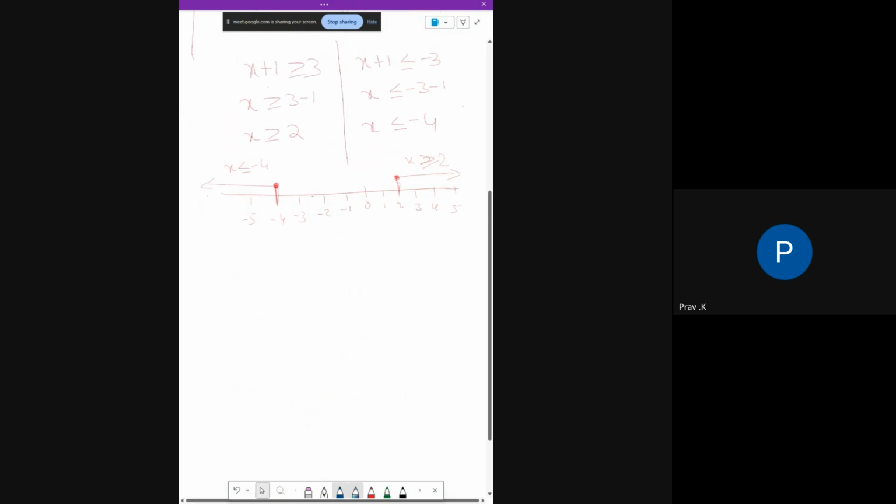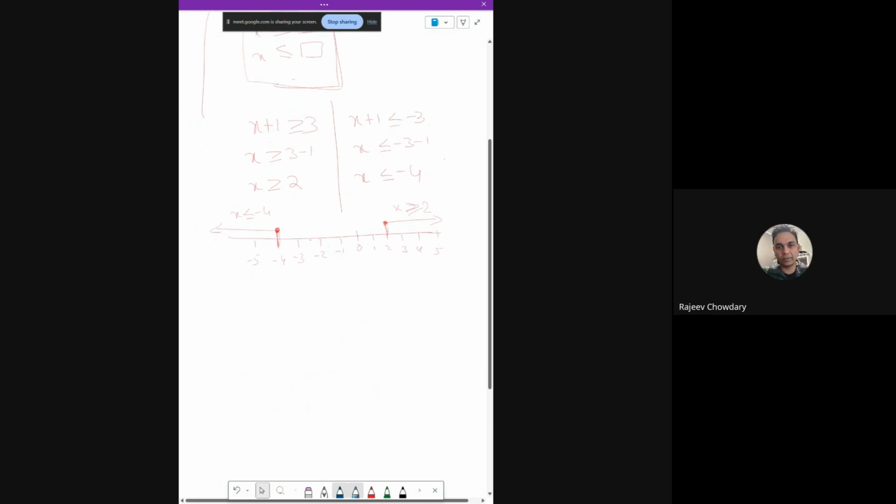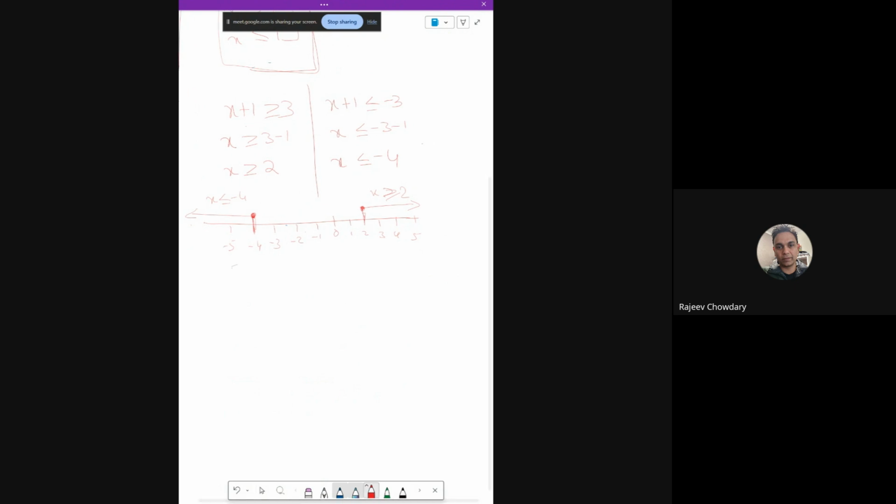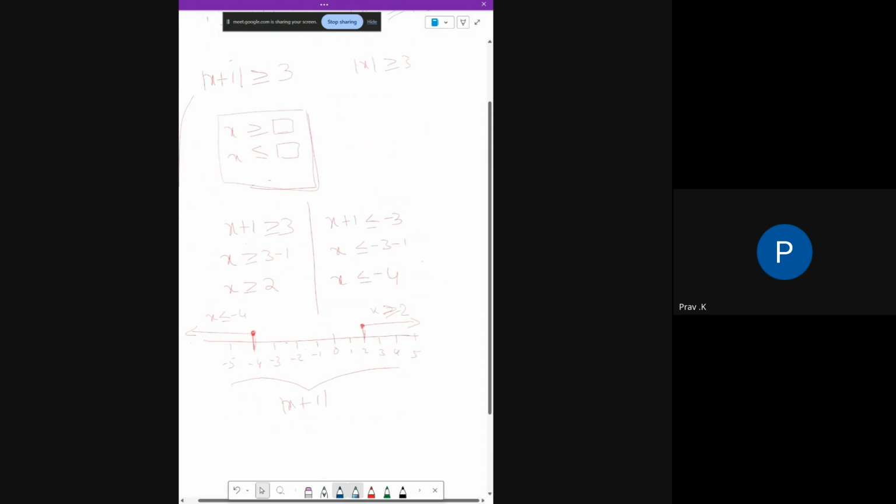I'm going to give you a similar problem. So basically this one is mod of x plus 1 greater than or equal to 3.